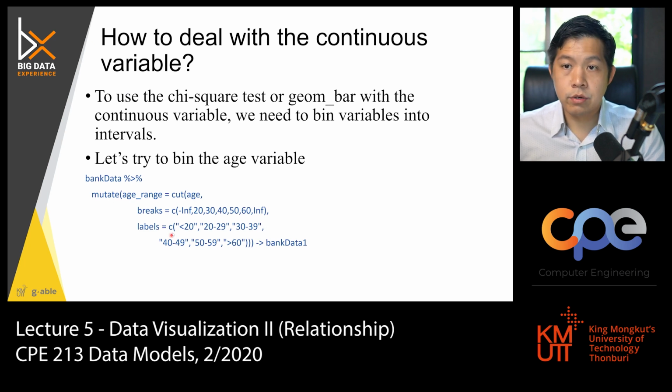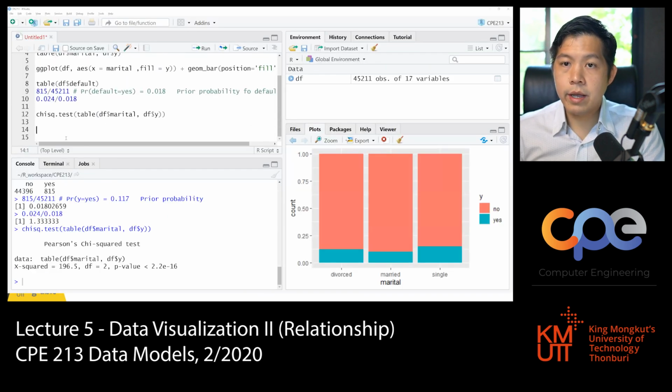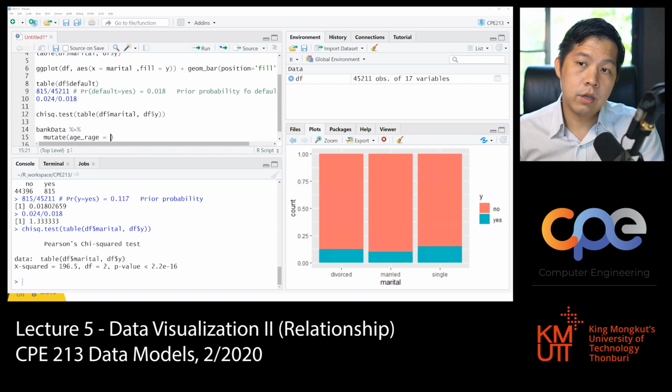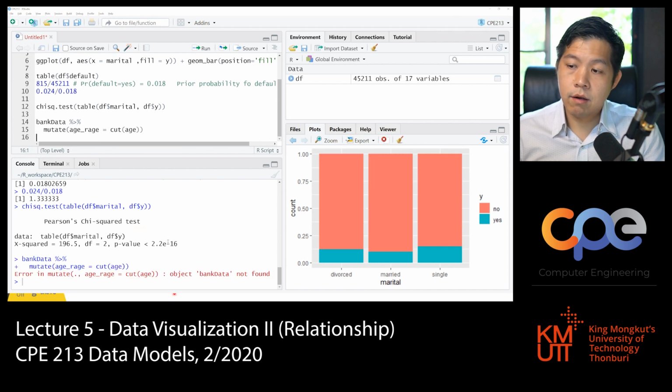So let's try creating that. Usually when I create this, I will not write everything in one go. I will just do it one by one. Here, mutate, age range equals cut on age. Object not found, sorry, the data frame is sdf.